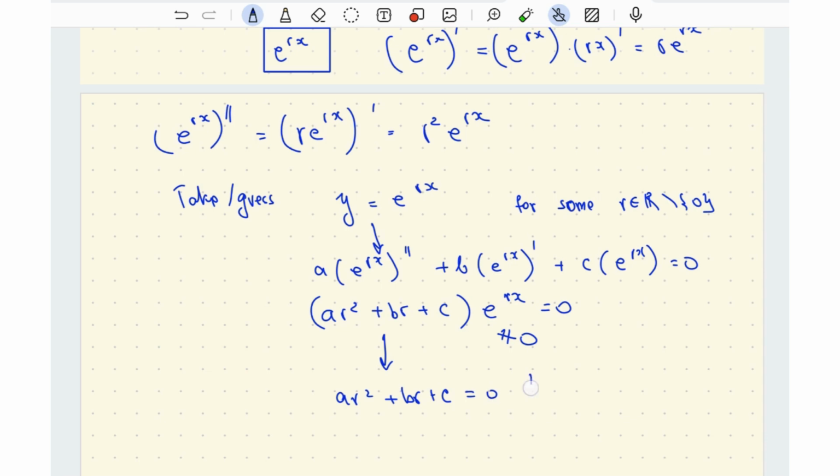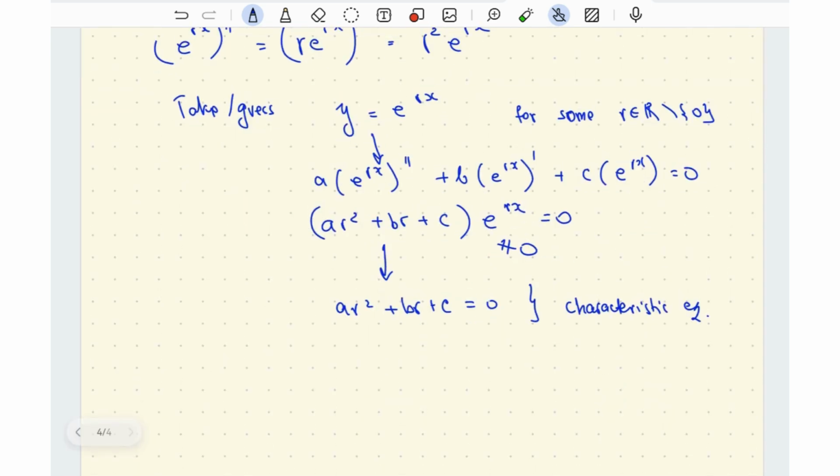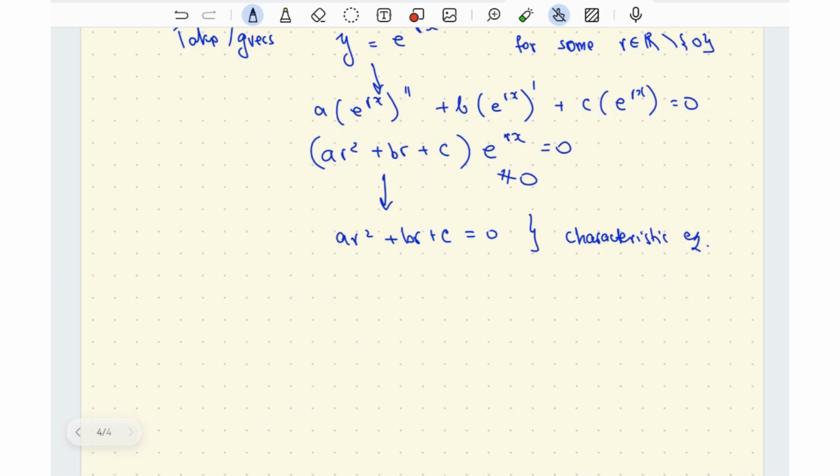And this is now what? The characteristic equation, or auxiliary equation, of the differential equation of the second order, homogeneous, with constant coefficients. And now, as we know from high school algebra, from pre-calculus, there are 3 cases.